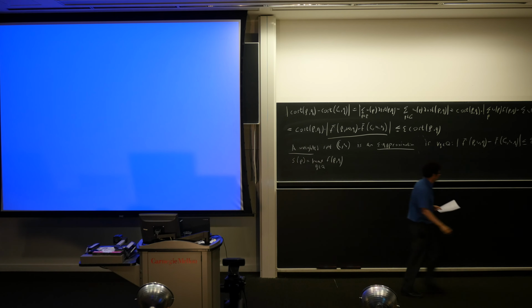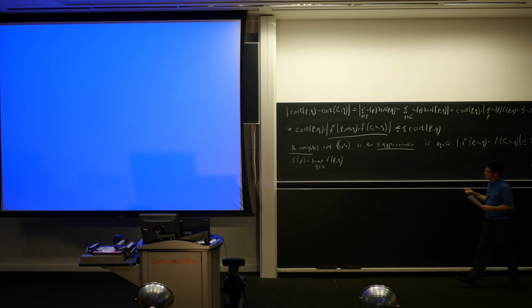So I remind you that FPQ was the contribution of point P divided by the total cost. This is consistent with the previous slide, so it's just the maximum contribution compared to all the other points of all the queries. So suppose we have this number, and we just scale the data.